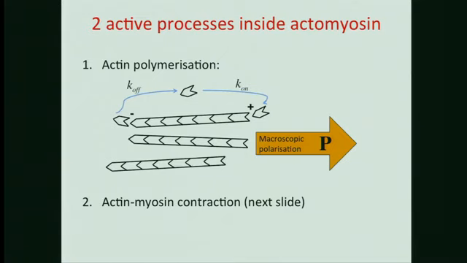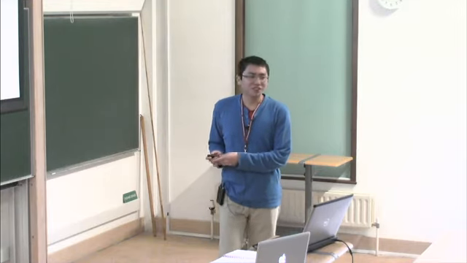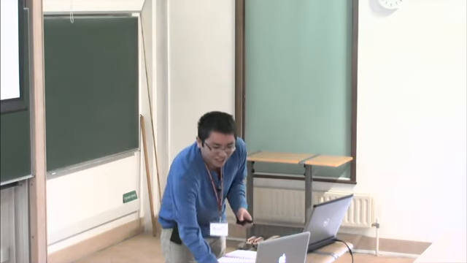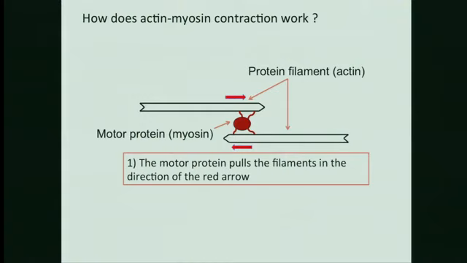The first active process is actin polymerization, which is important in cell crawling. This happens when the monomer at the back depolymerizes and then polymerizes at the front, creating a mass transport in the direction of the macroscopic polarization. The second active process is actomyosin contraction, which I will describe now.